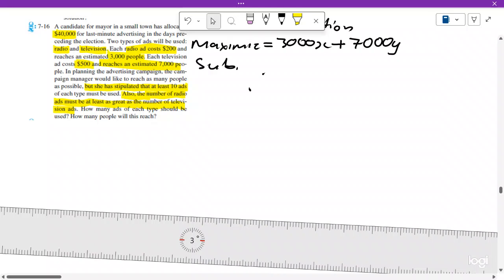Subject to, now we want to find our constraints.